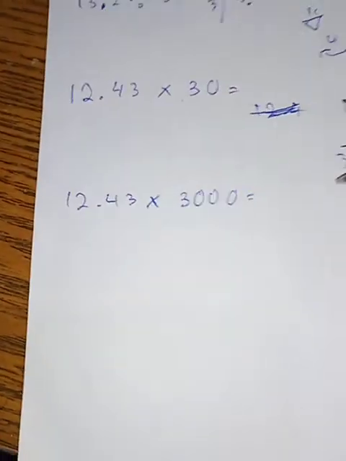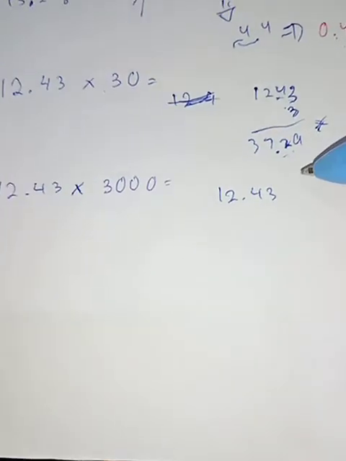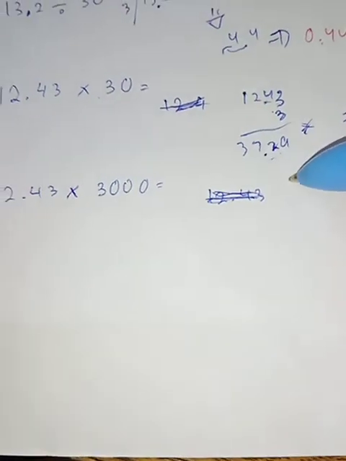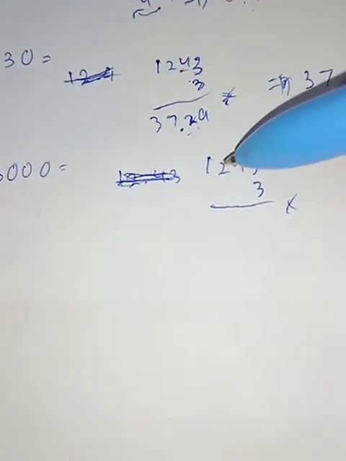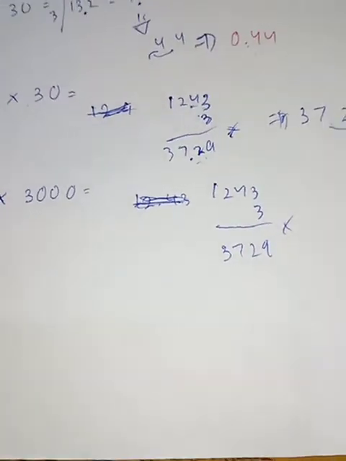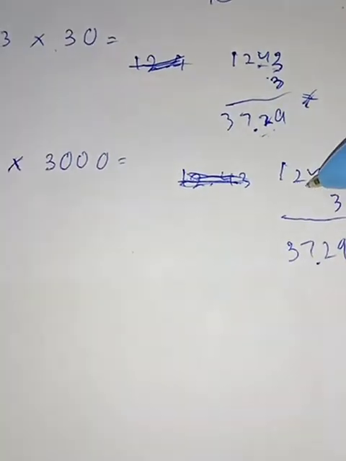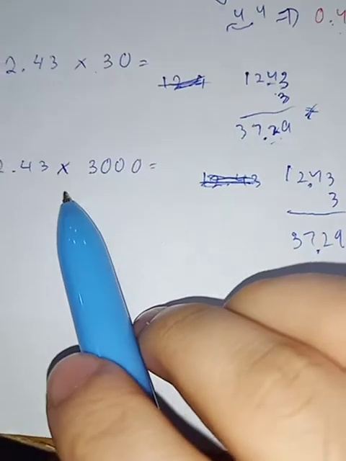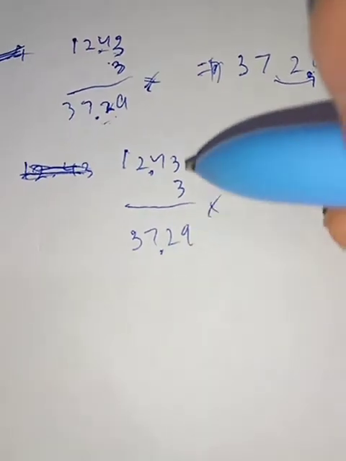Now last one. Again, pretend there is no decimal place there, so just the whole number times whole number, this, and then remember you have 2 decimal places, so this, because there are 3 zeros. When you multiply, you move 3 times.